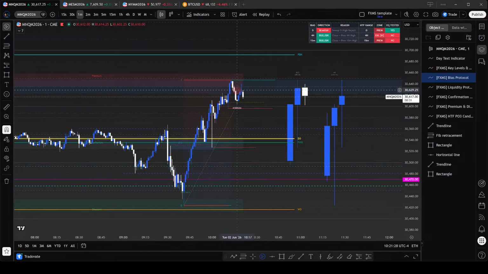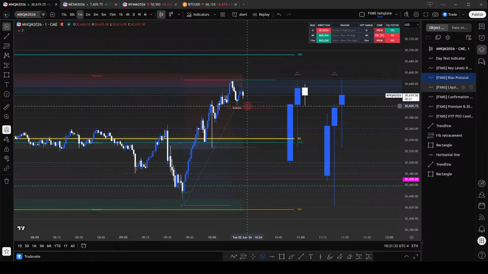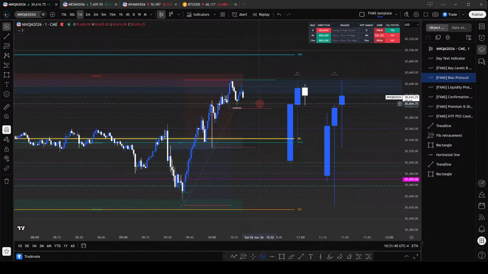Okay, we did get a rejection right before. Let's see if it continues down here. Okay, close through here would be the change of character, and then let's see if we get that continuation, lower low, lower high.